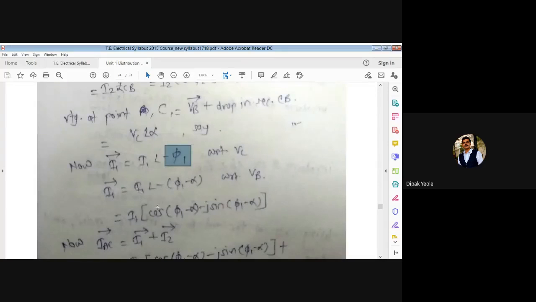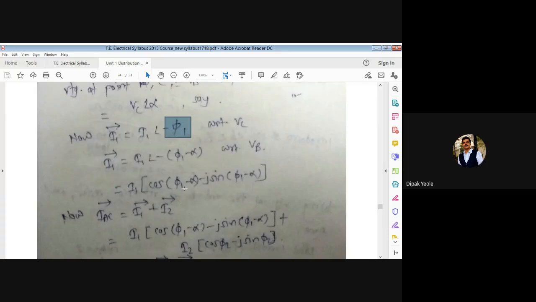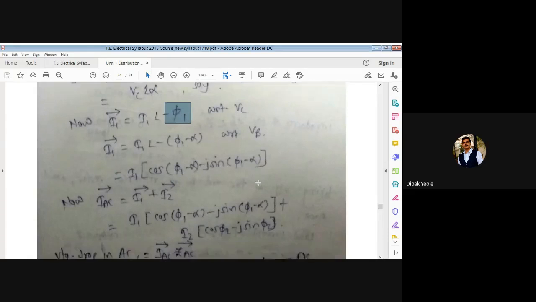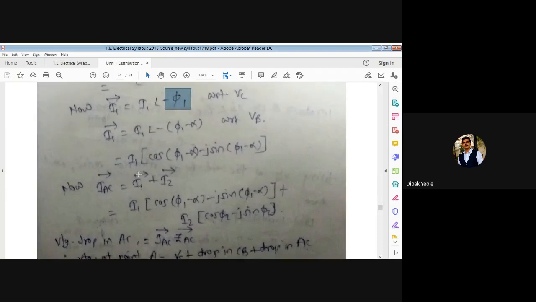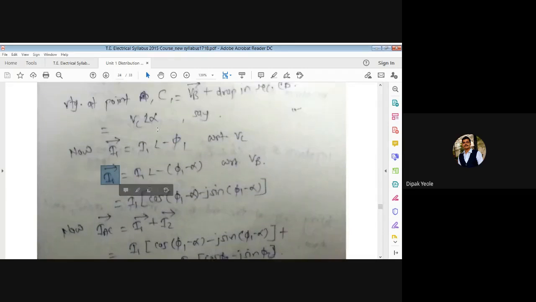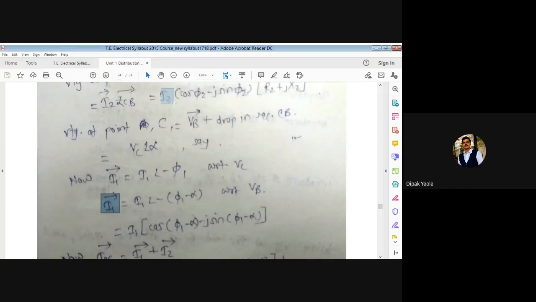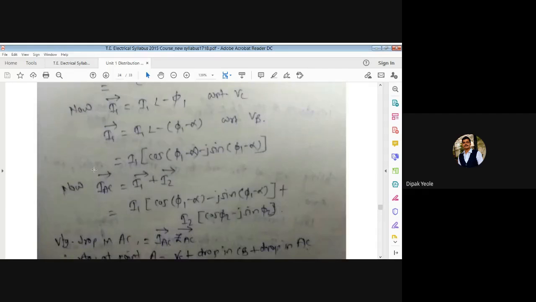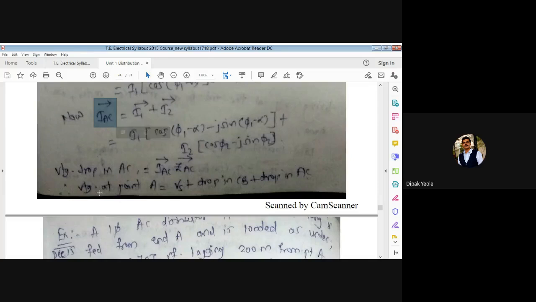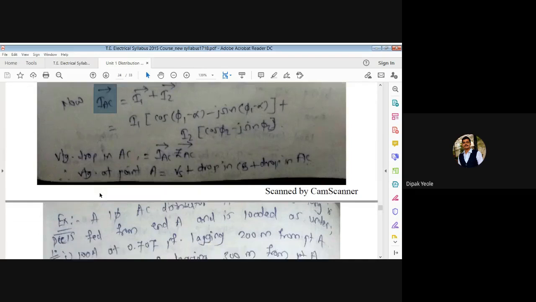Put the value of I1 as cos of phi1 minus alpha minus j times sine of phi1 minus alpha, and take the addition of this I1 and this I2 together. You will get your IAC. So this is for the power factor with respect to load voltages.